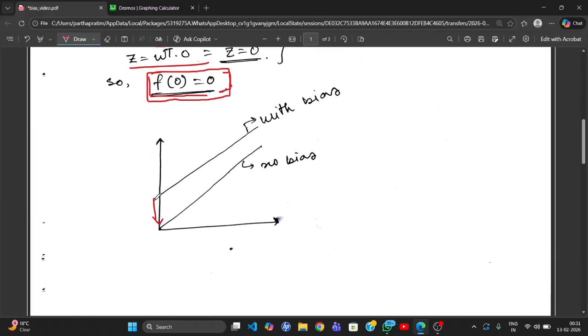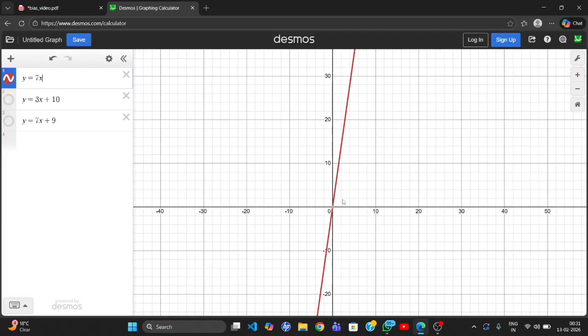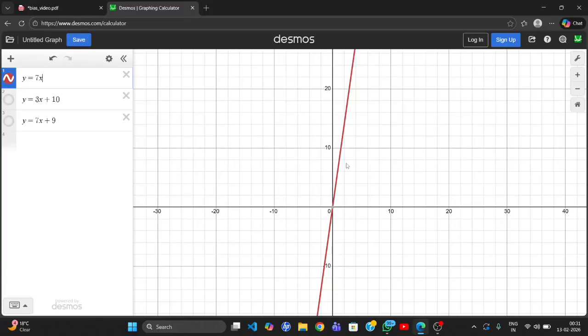I can show you this in Desmos. For example, here I am using just an equation like y equals 7x. You can see the line is passing through the origin. If I add another term to the same equation, I'm just adding plus 9, a bias here.